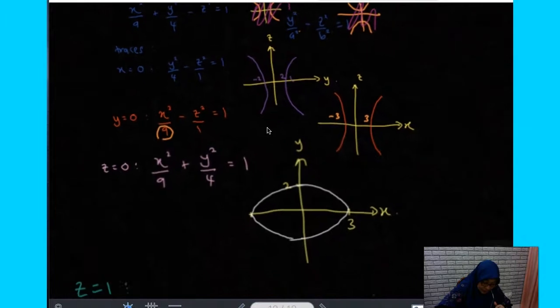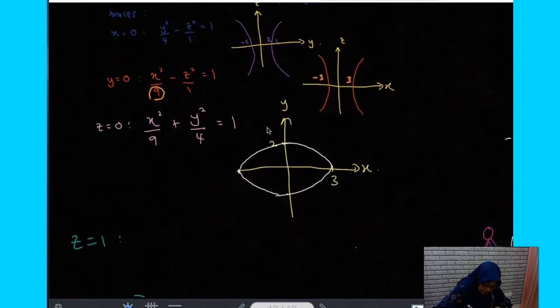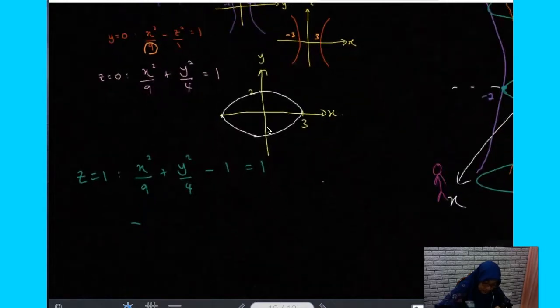So when you replace z equal to 1, we will get x squared over 9 plus y squared over 4 minus 1 equal to 1. When we simplify, we will get x squared over 9 plus y squared over 4 equal to 2.